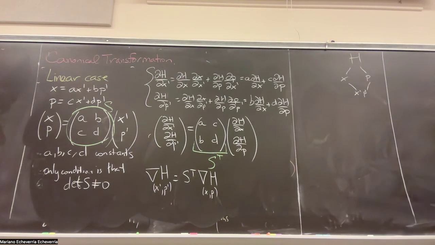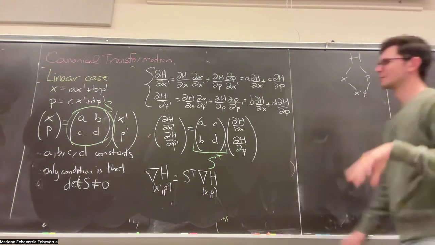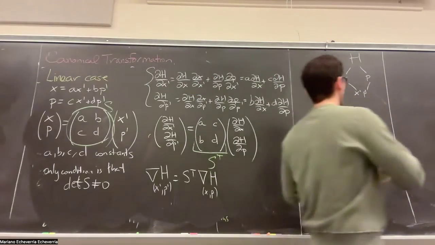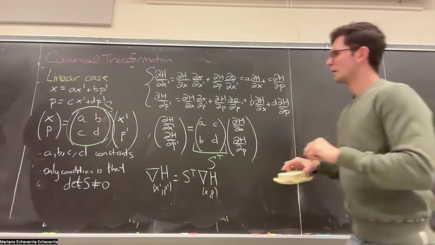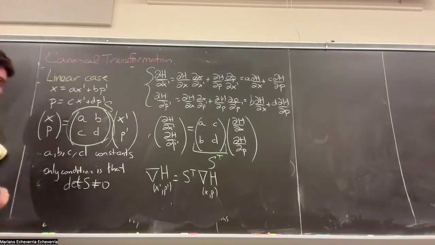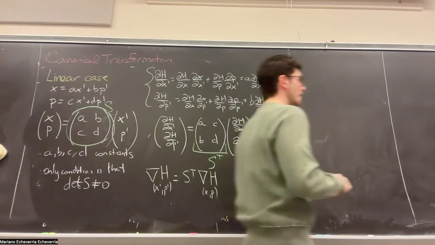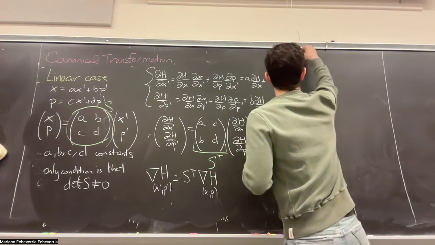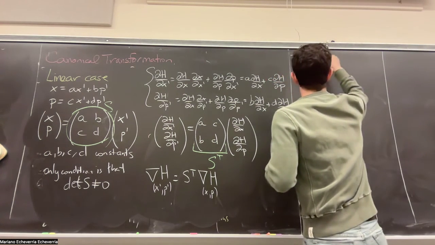So far, so good. Questions about this? And we're almost done. Now we just have to write all of this down. I don't know if you remember, there was this matrix J that I had written before, which was (0, 1; -1, 0).